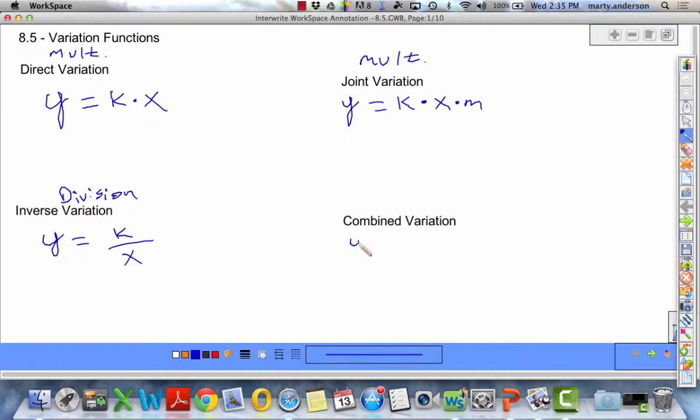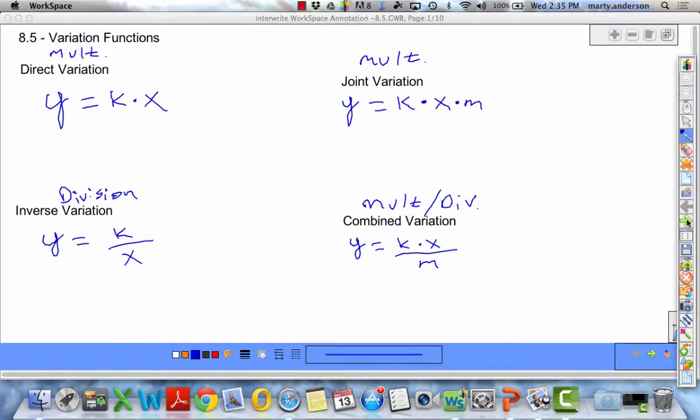So if I said that y varies directly with x, while inversely with m, it would be y equals k times x divided by m. So this combines both multiplication and division.